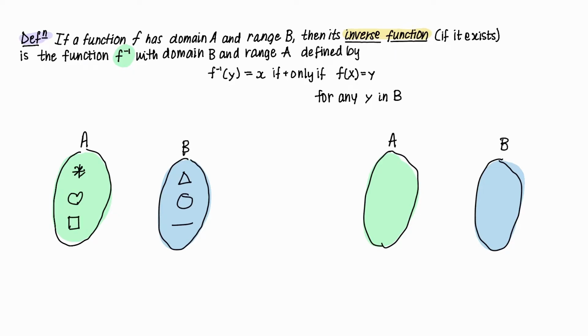Let's say, I'm going to write this in red, that f sends this star in A to the triangle. It sends the heart in A to the line in B, and the square in A to the circle in B. And this was f.